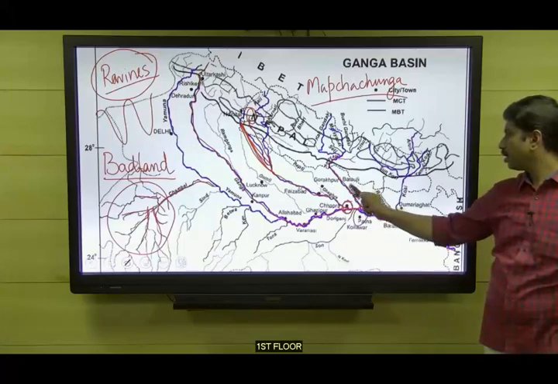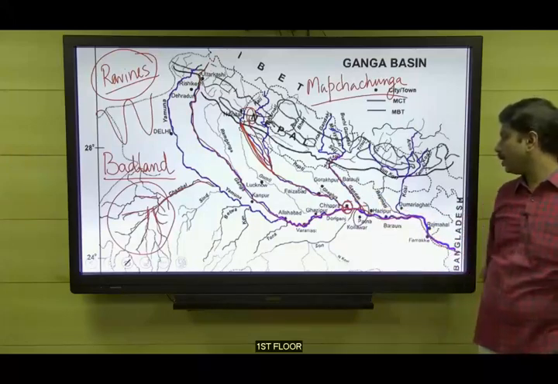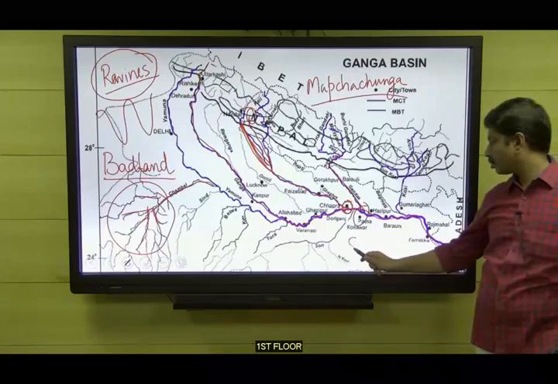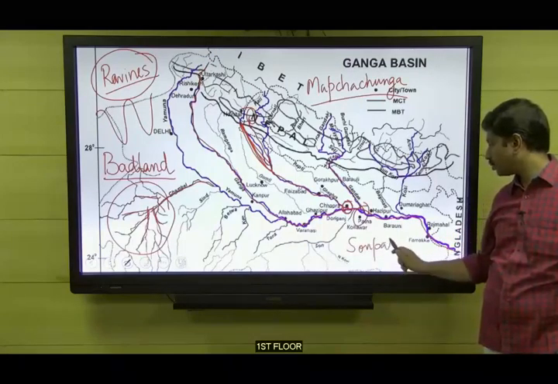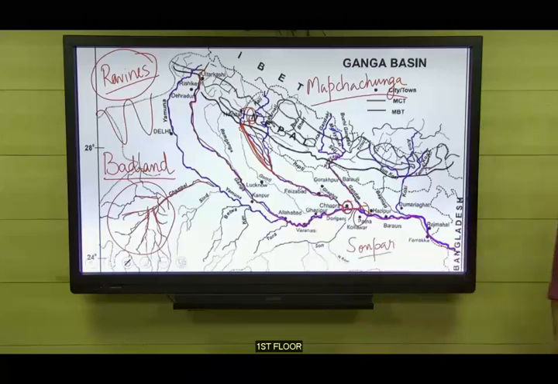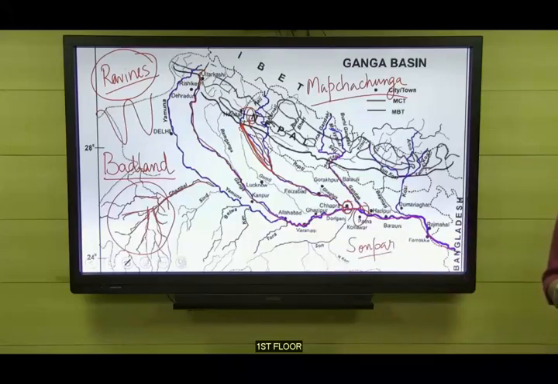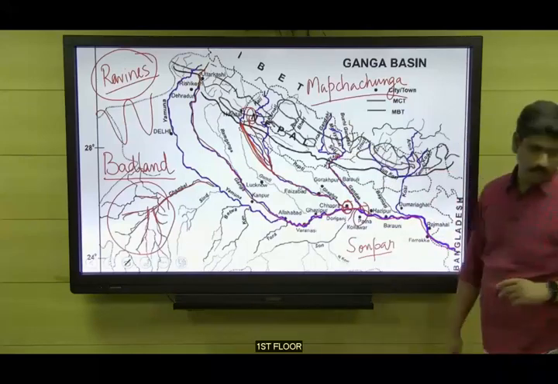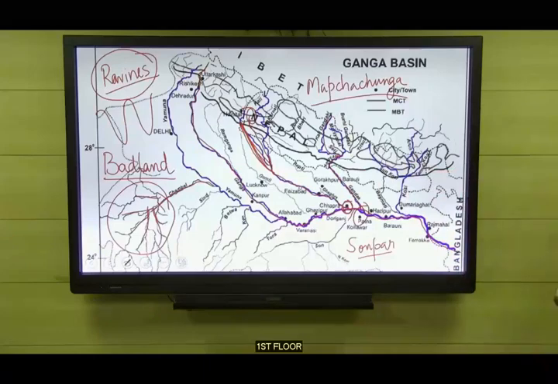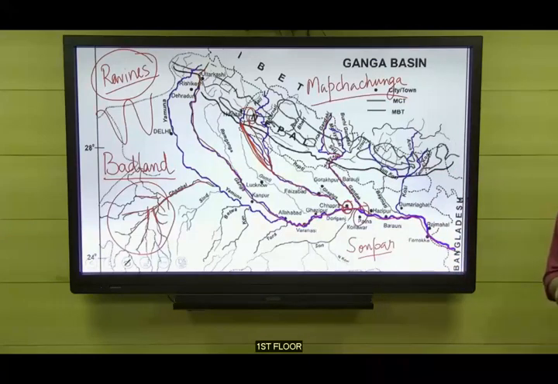Gandak originates as two rivers, Kali Gandak and Trishul Ganga.